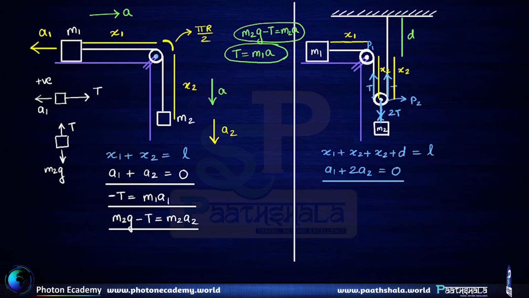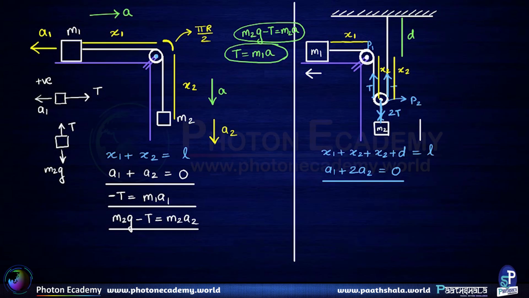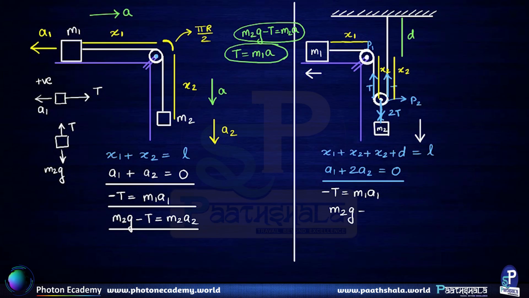The other two equations are force dynamical equations. Again, the value of a1 is assumed to be positive towards the left, and the value of a2 is assumed to be positive downwards, so away from the rigid support. So in such a case, we would have to write minus T is equal to m1 a1, and for m2 we'll have to write m2g minus 2T is equal to m2 a2.